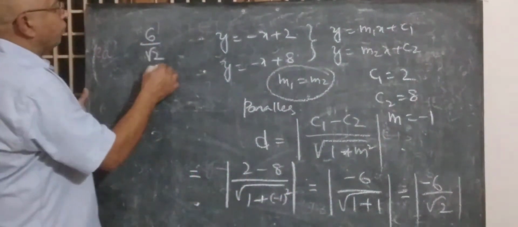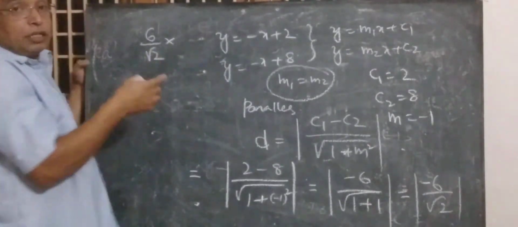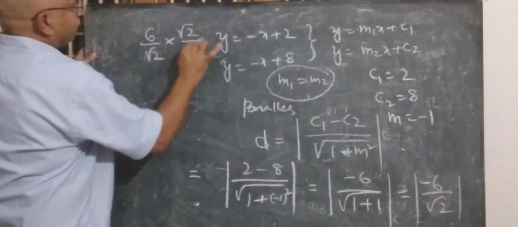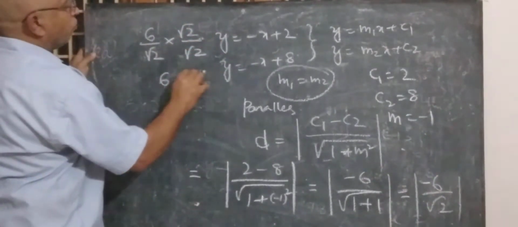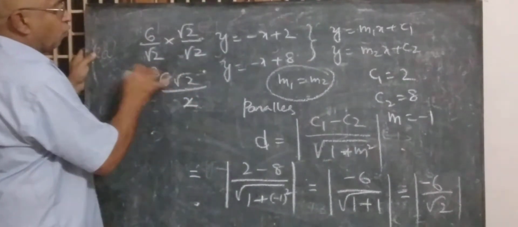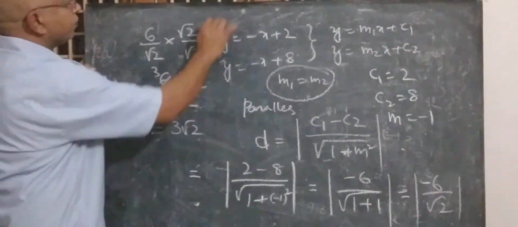So 6 by root 2. What is the irrational number here? Root 2. So we should rationalize it in the denominator, root 2 by root 2. 6 root 2 by root 2 into root 2, value 2. 2 ones are 2, 2 threes are 6, so we get 3 root 2.